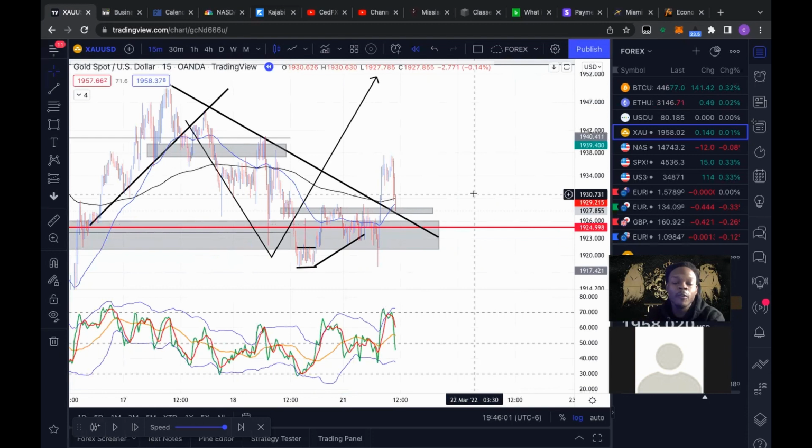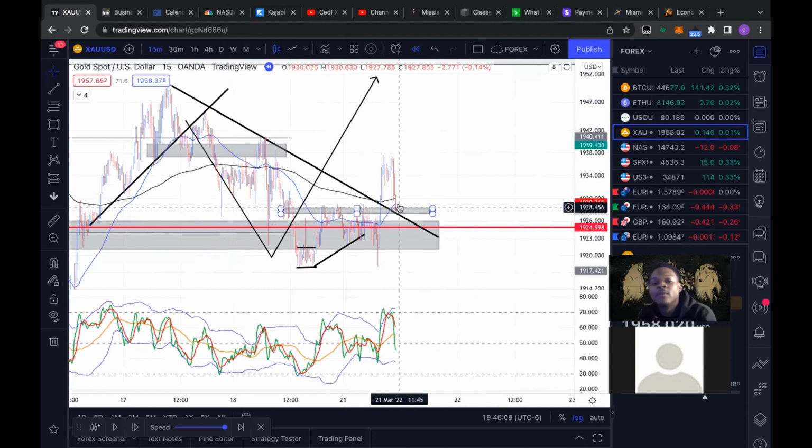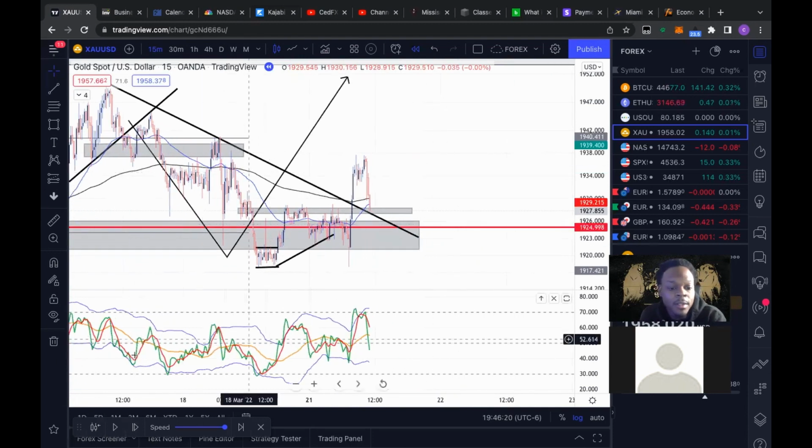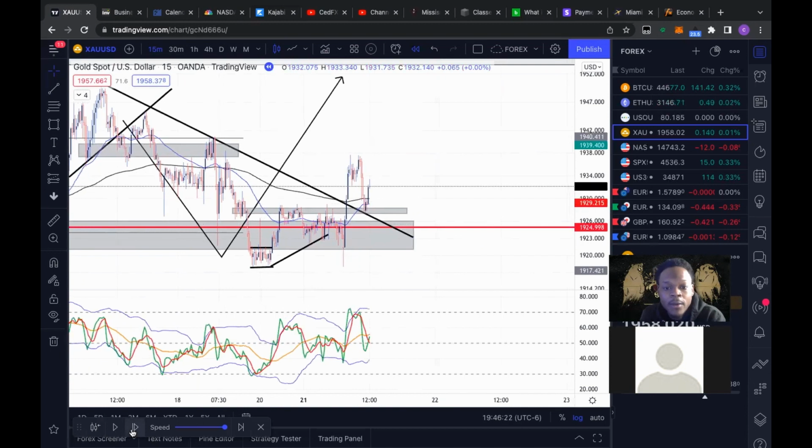But we want to look for a buy signal on a break and retest. So we're looking for the retest. It's either about to come back and retest here, or it could come back and retest this trend right here. Now, let's play it forward and see how it goes.